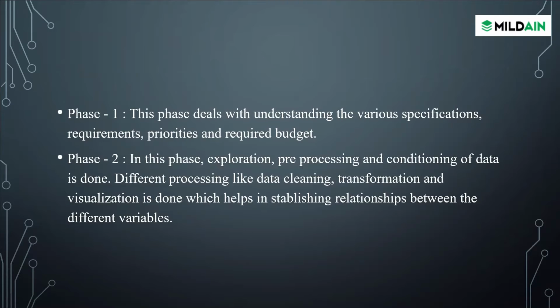Transformation and visualization are done to help stabilize the relation among the different variables. We will come across so many techniques. This is a very important, crucial part of phase two: cleaning the data and transforming the data. We need to see which data is required and beneficial, their correlation, and how many variables I have to take, and whether the model is underfit or overfit.